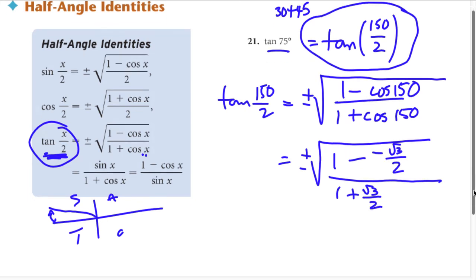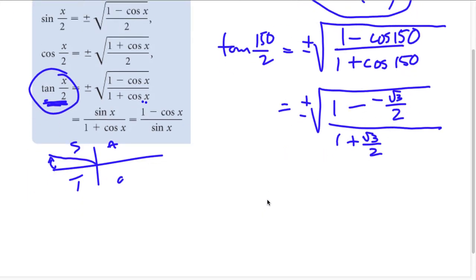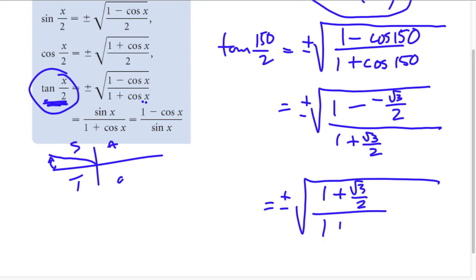And then the rest of the game is just trying to manipulate, rework that. So plus or minus square root of, on the top it'd be 1 plus root 3 over 2. On the bottom it'd be 1 plus root 3 over 2. Well, that looks a little odd, because those are identical. If those are identical, then I don't know if that's going to work.